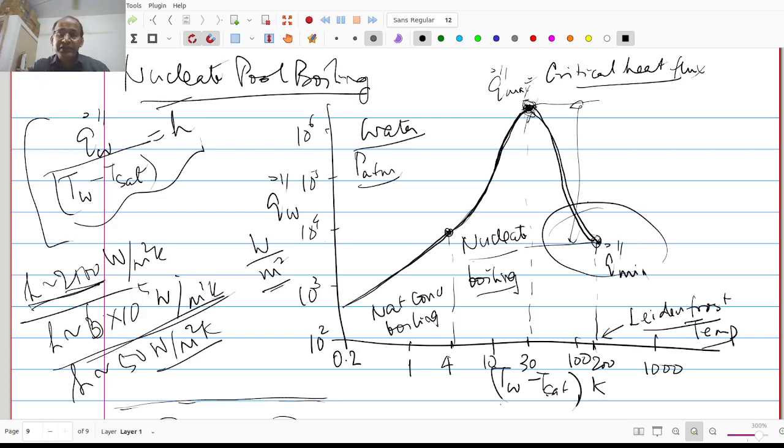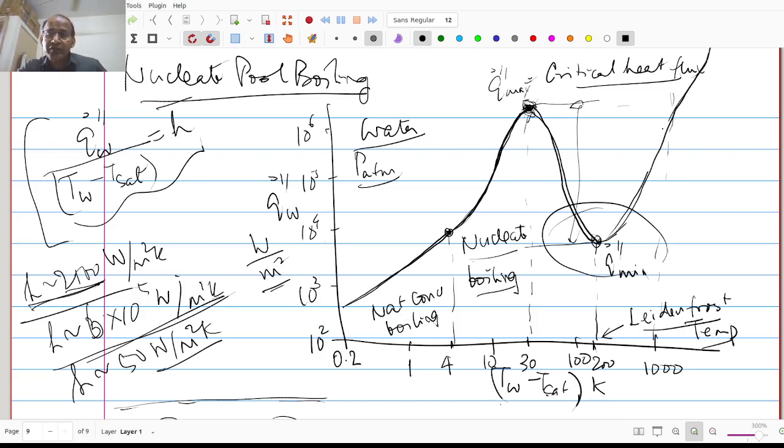After this is when the film boiling is stable and radiative heat transfer picks up, because the temperature difference between the surface and the liquid is large enough. So the radiative heat transfer picks up, and then the flux starts increasing again, and close to about 1000 Kelvin difference, this reaches somewhere close to this.